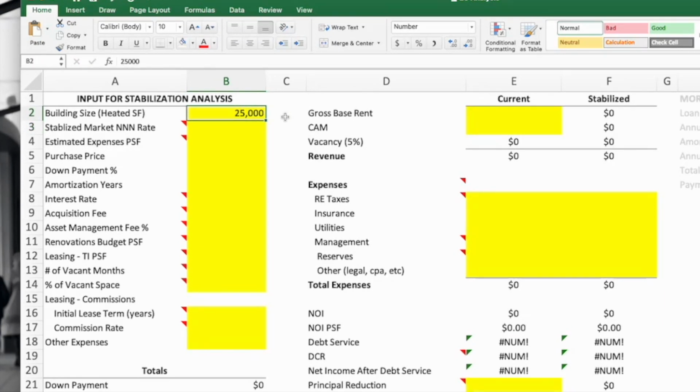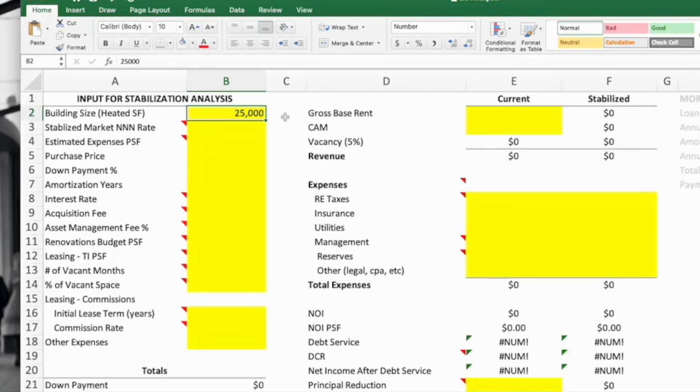Make sure you use the rentable size, meaning what you're actually charging rent on and not the gross size. When it's a single tenant building, you can use the gross size because the one tenant is renting the entire building. But if it's two or more tenants, the gross size might be 5,000 square feet, but the rentable square footage might only be about 4,500 square feet.